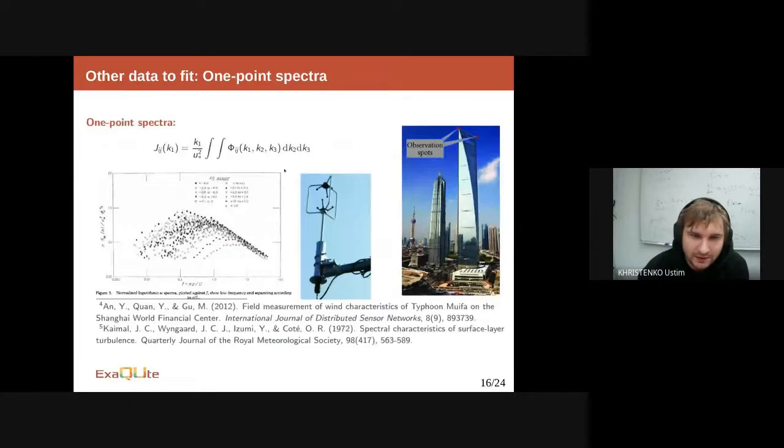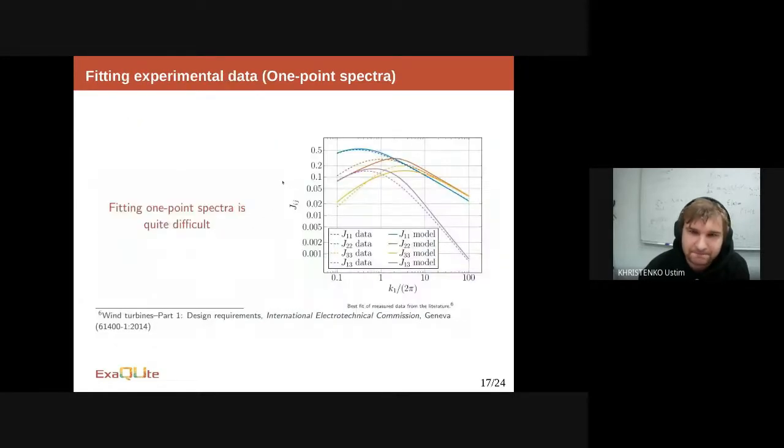The data is also available for such a spectrum. So these are the results of one of the most widespread models in the literature, and we see that it approximates the data.